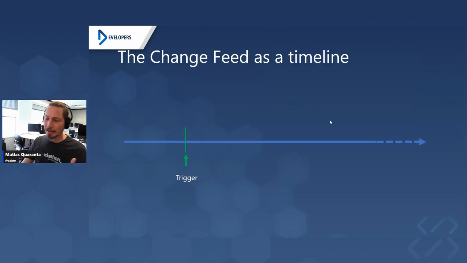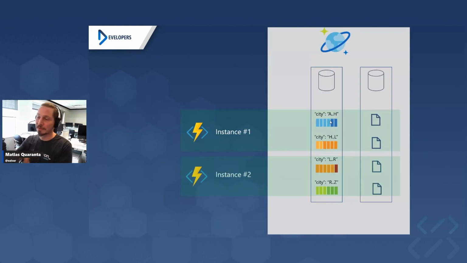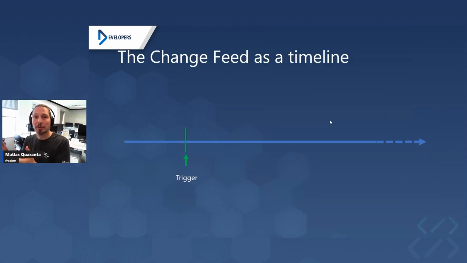Now, this whole process of delivering events is based on this feature that I mentioned earlier called the change feed. You can see the change feed as a timeline. At some point, your trigger has a cursor, which is defined by these leases that are maintaining the checkpoints. But the container that you're monitoring might be progressing and having more events.